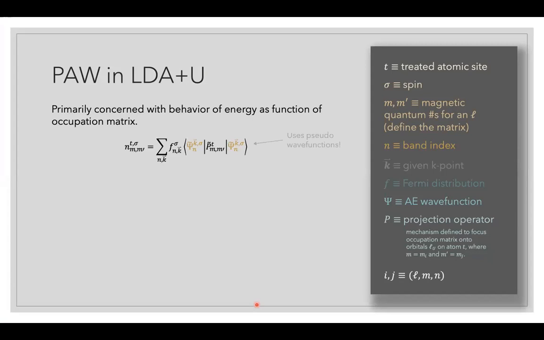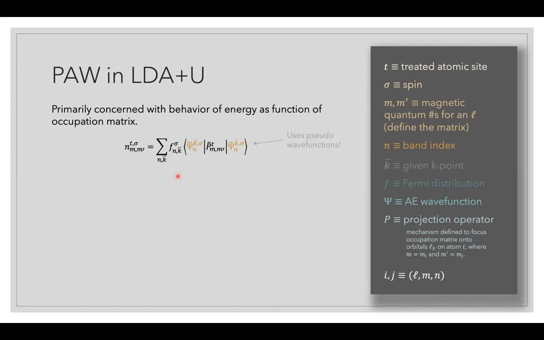I added a legend here for all of these values. We define the occupation matrix specifically for an atomic site that we'd like to treat. For example, in the case of nickel, we treat the nickel d orbitals. So the T would be the nickel specifically.